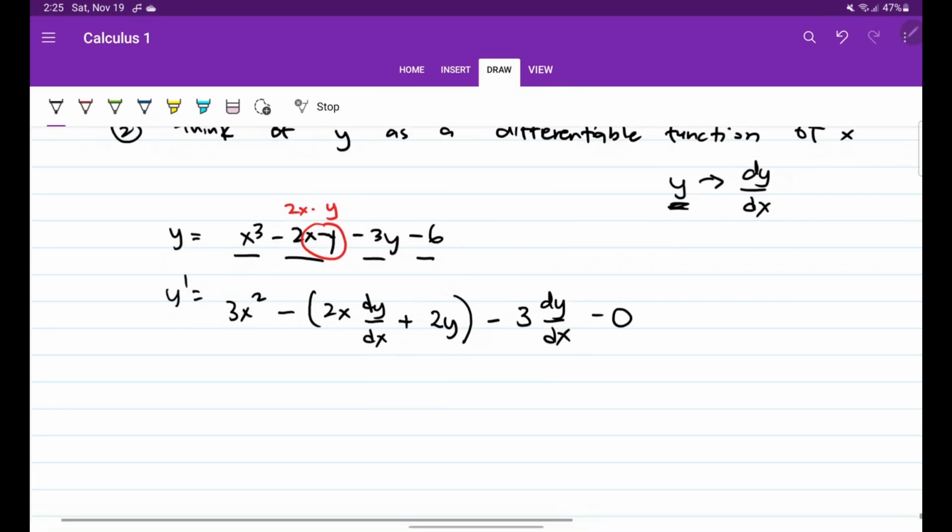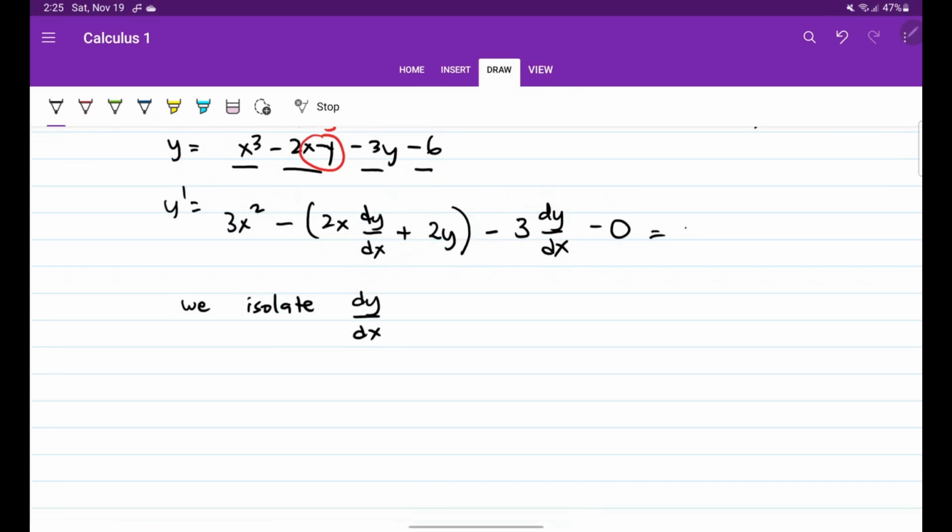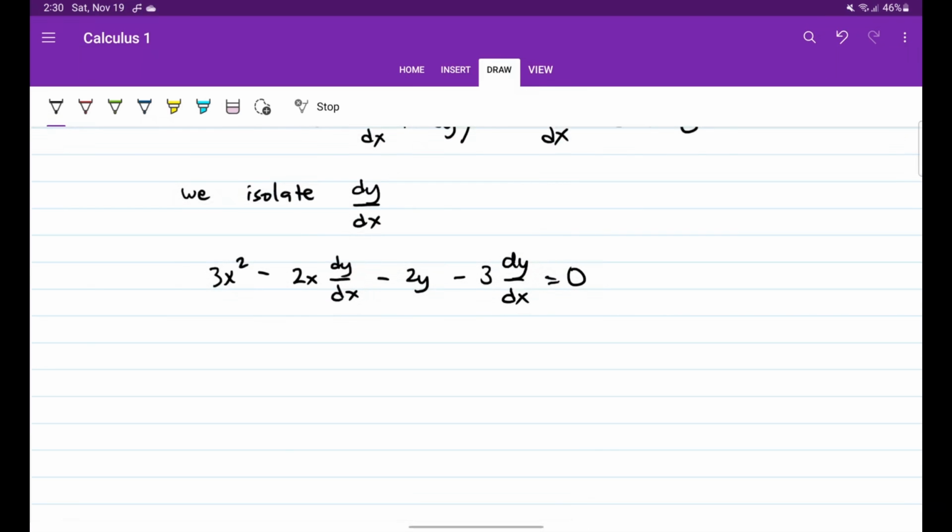Okay? And now, we isolate dy over dx. Okay? So, this is equal to 0. Okay? So, this will now become 3x squared minus 2x dy over dx minus 2y minus 3 dy over dx equals 0. No? So, magiging 3x squared minus 2y is equal to 2x plus 3 times dy over dx.